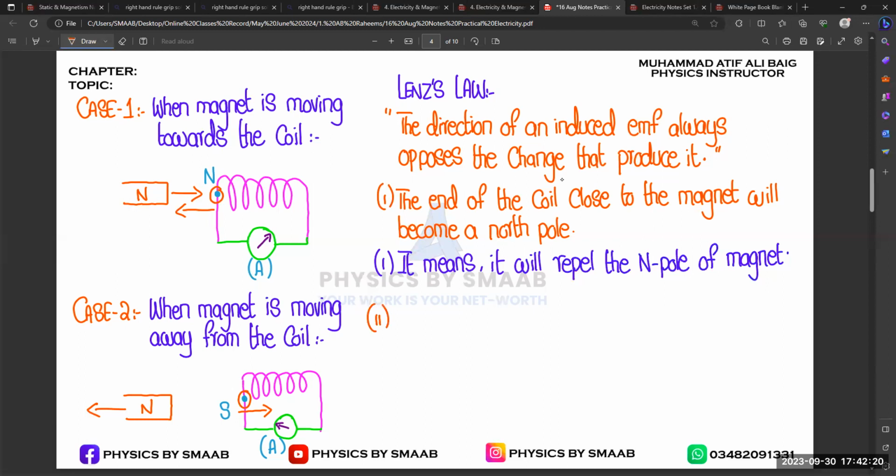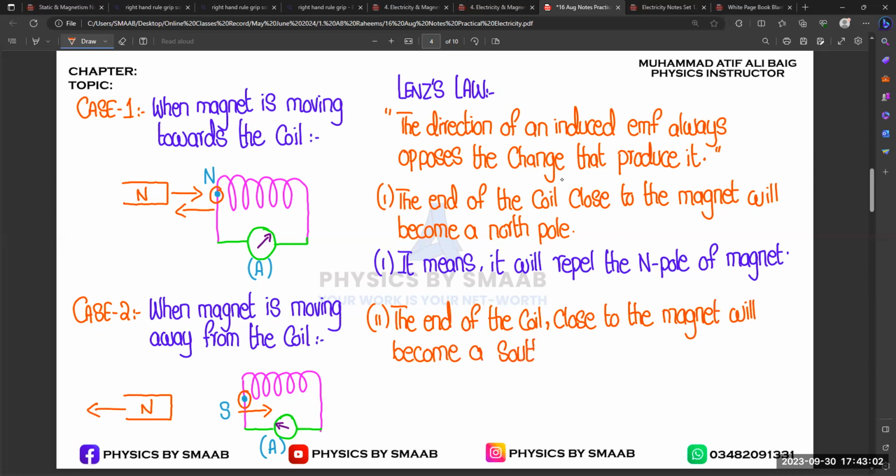And if we consider the second case, in the second case the end of the coil which is close to the magnet will become a south pole, right?